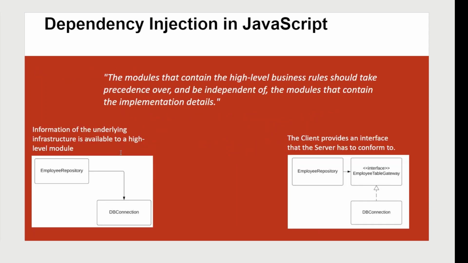Let's have a look at the following example. The employee repository is responsible for fetching data out of an underlying data storage. The employee repository is the client in the high-level module, and the naive approach is to hardwire the server, the DB connection class, with the employee repository's fetch employee method.